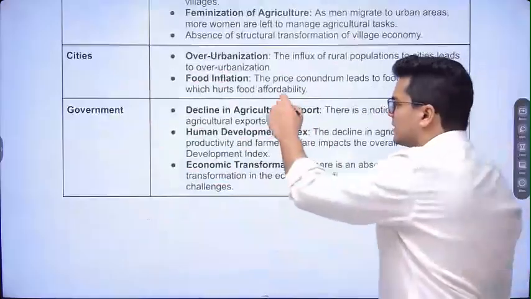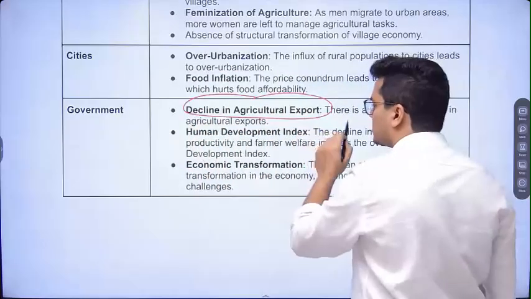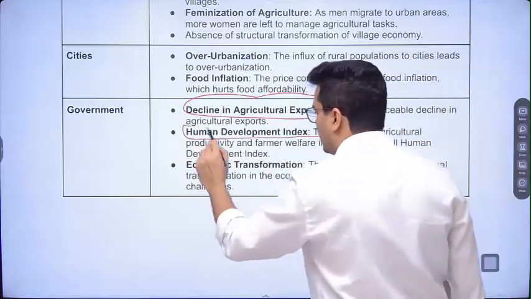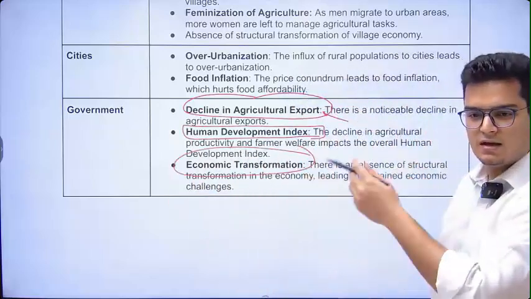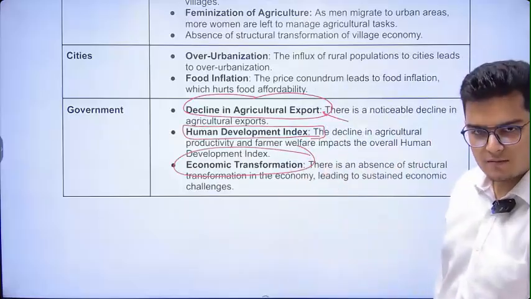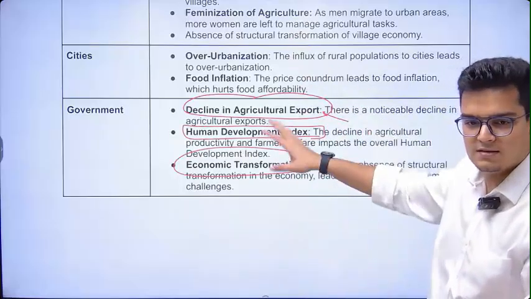If the agriculture sector is in distress, our agricultural exports will be affected, our human development index will be affected, and the structural transformation of the economy is something we're going to miss out on. Correct? I hope these things are understood.